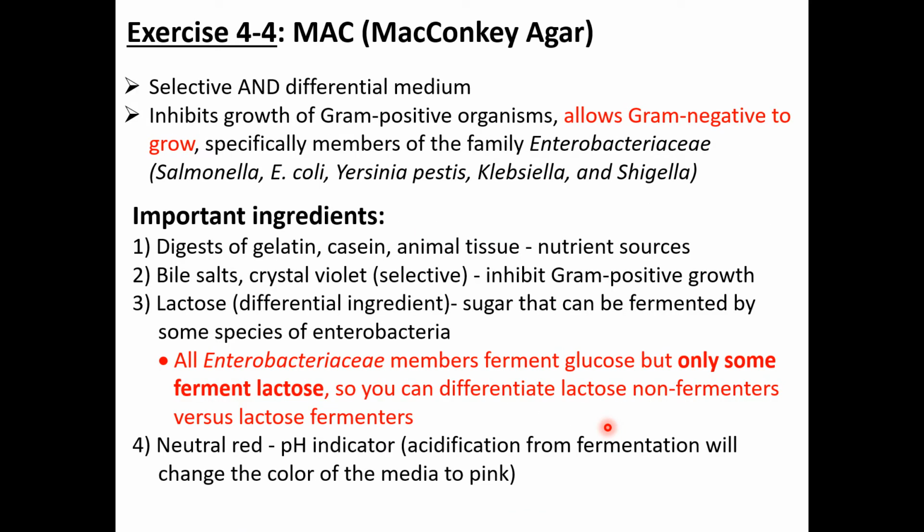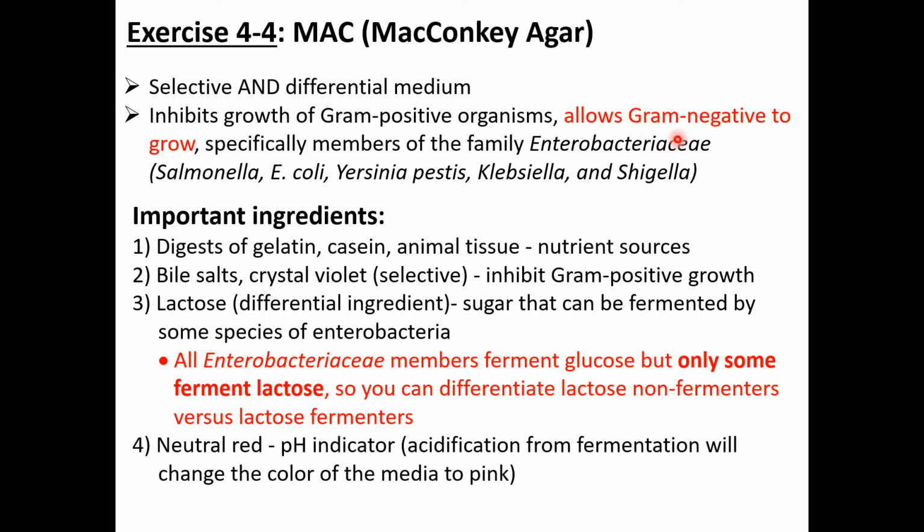Okay, then we'll follow with the next medium, which would be the MacConkey agar. And this one again is going to be selective and differential. And now we are changing sides here. We are not interested in the gram positives anymore. So there will be ingredients in this medium that will not allow the gram positives to grow, but instead will favor or promote the growth of the gram negatives.